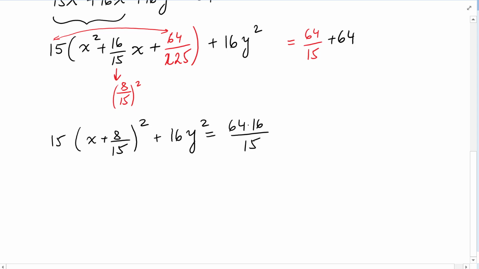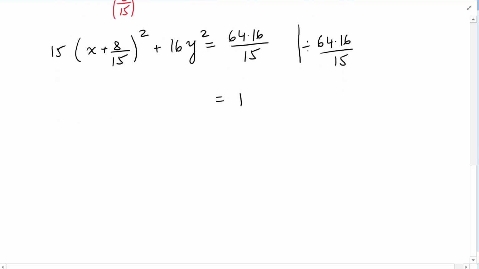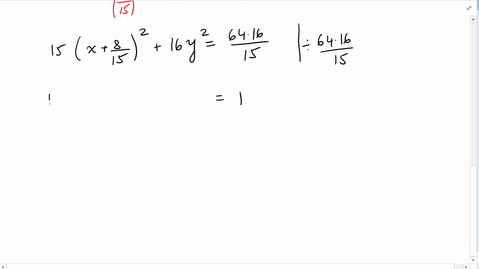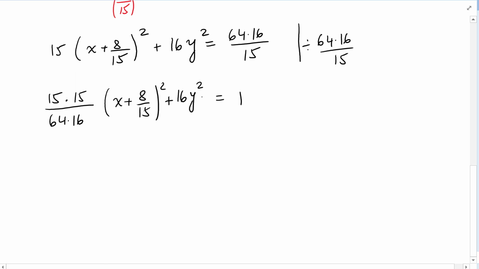Now we are going to divide both sides by 64 times 16 over 15 to get 1 on the right and to have the equation of the ellipse in standard form. So we have 15 over 64 times 16 times x plus 8 over 15 squared plus 16y squared times 15 over 64 times 16.